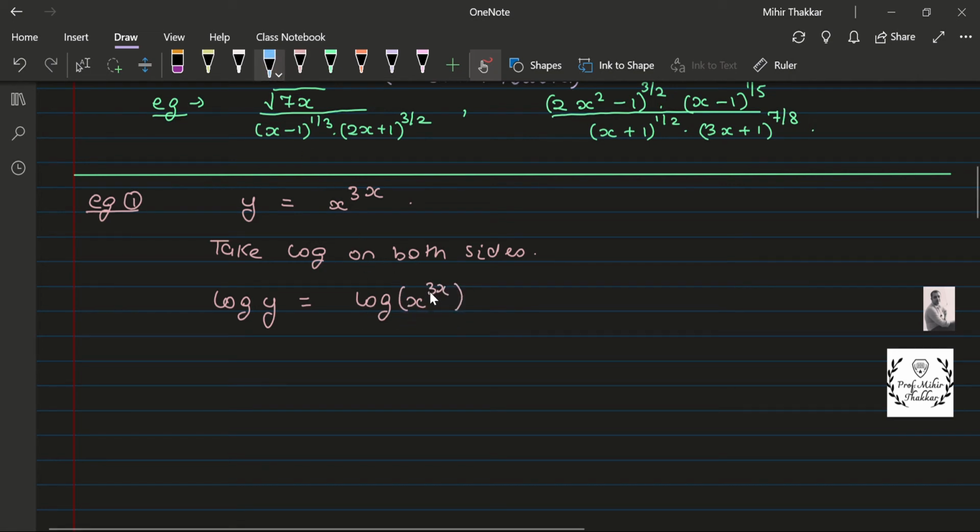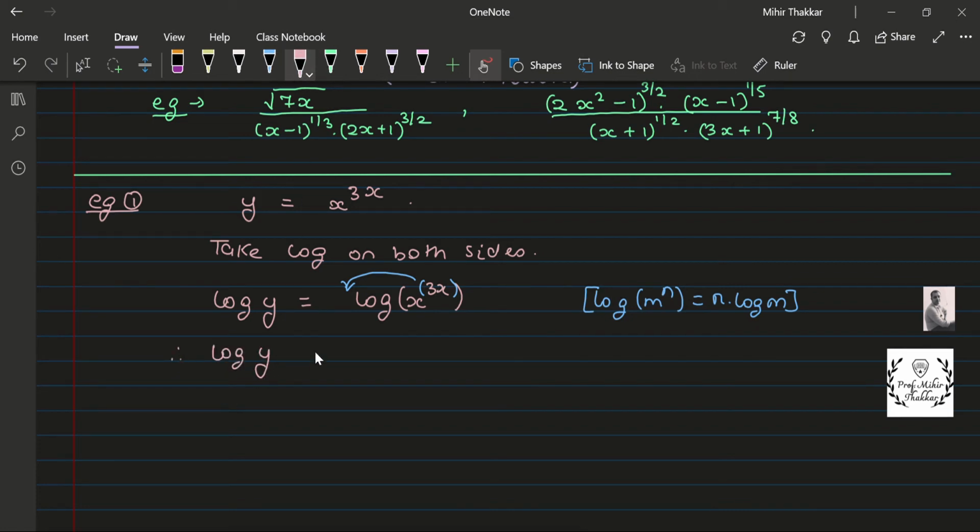Now by the rule of logarithm, this power can be taken behind the log because the rule says log of m raised to n can be written as n times log of m. So I will get log y is equal to 3x into log x.